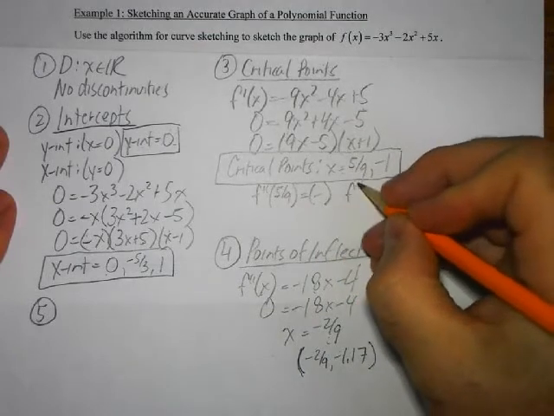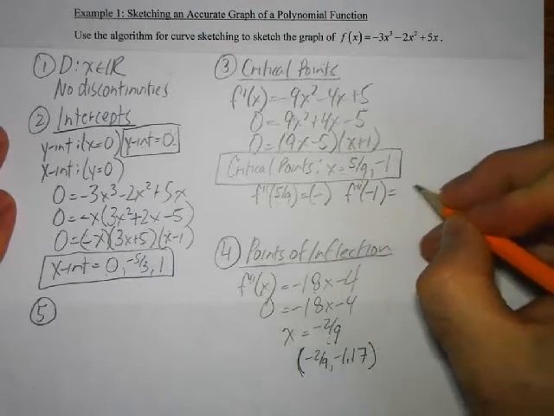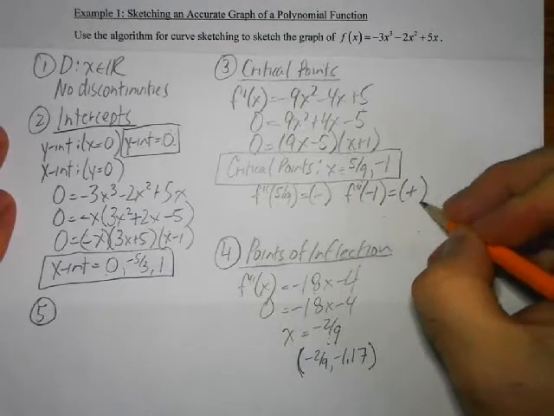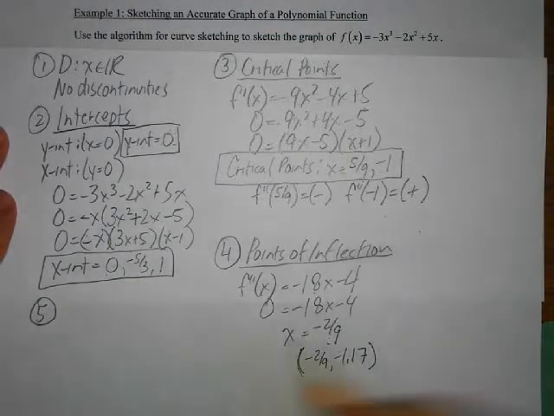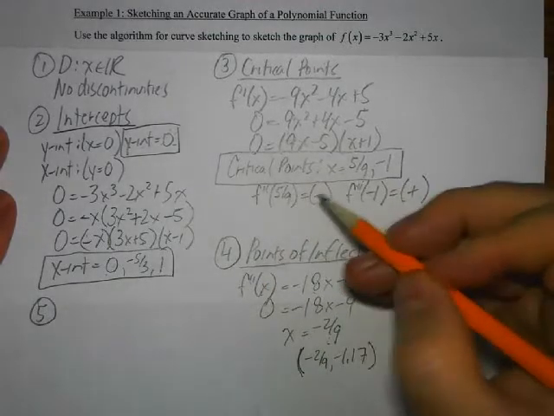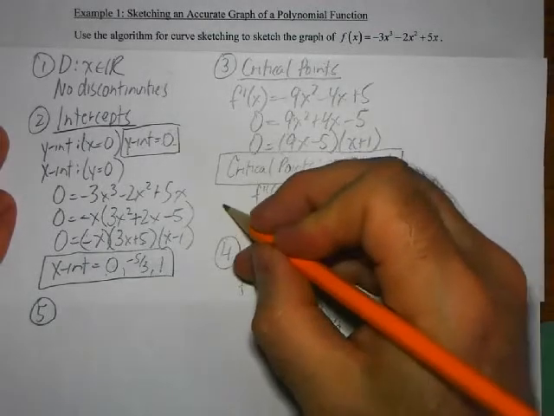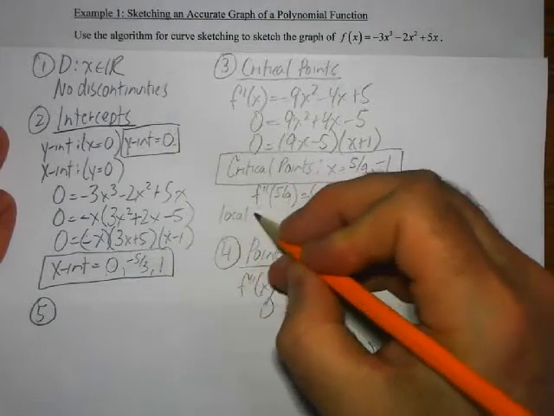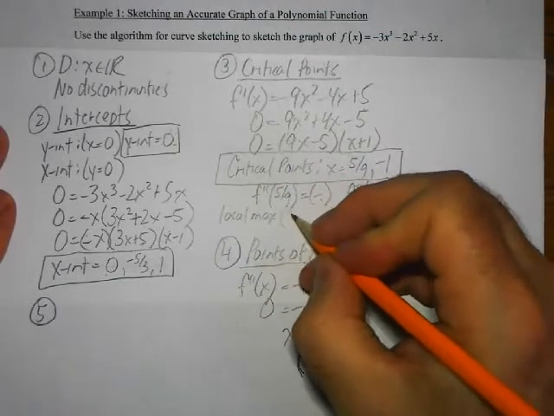And if I do the same thing, second derivative at negative 1, that result is going to be positive. Okay, so when it's a negative value, that means we have a local max at this point, so 5/9.